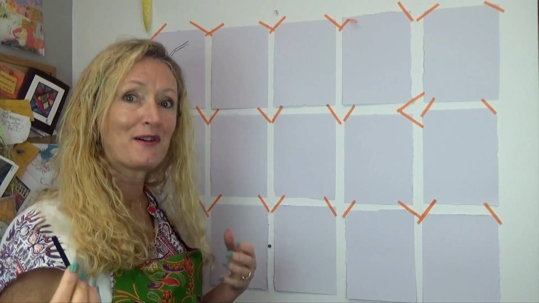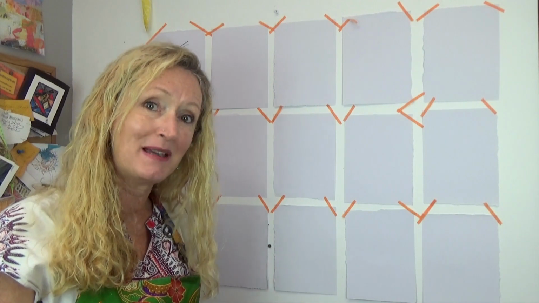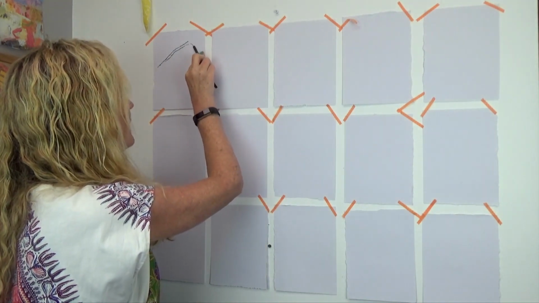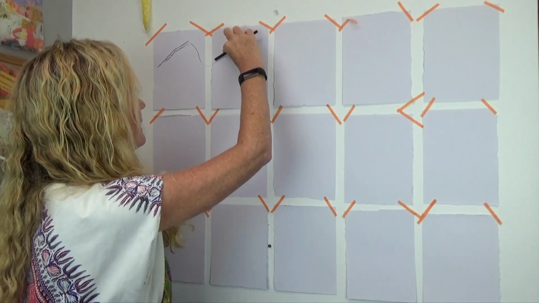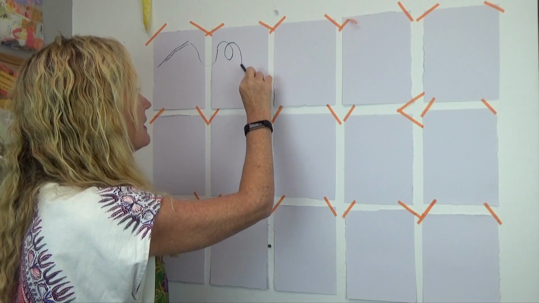So the first thing that now comes into my mind is the opposite of straight, and for me that would be curvy. So I'm going to just continue that line and take it over to the next sheet.